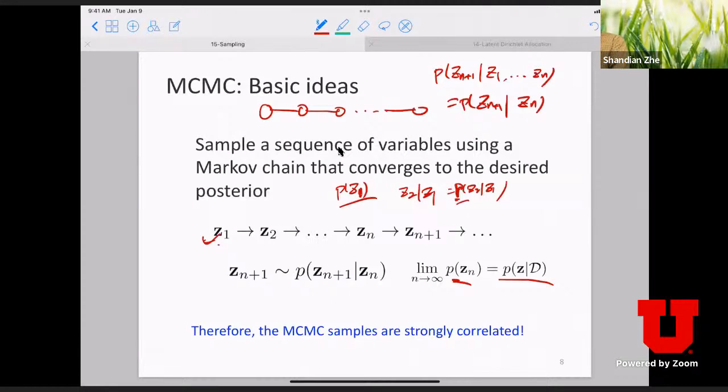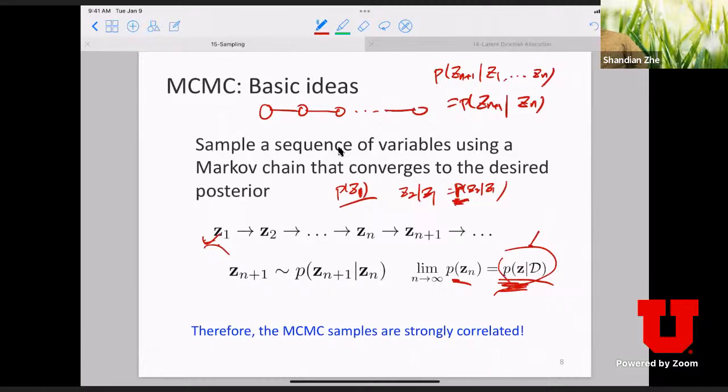And again, to guarantee you finally converge to the true posterior, of course, this conditional distribution, which in the MCMC literature is also called the transition kernel, must embed some knowledge of your target distribution, right? Otherwise, how could it be possible to converge to the true posterior distribution?